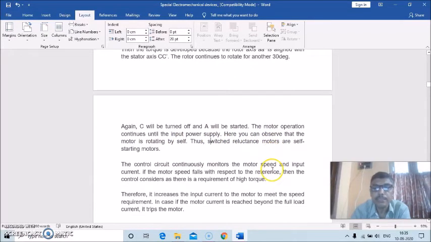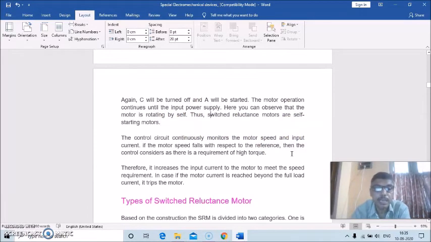So you can observe that the motor is rotating by itself. The switched reluctance motors are self-starting motors, and the control circuit continuously monitors the motor speed and input current. If the motor speed falls with respect to the reference, then the control considers that there is a requirement of high torque.